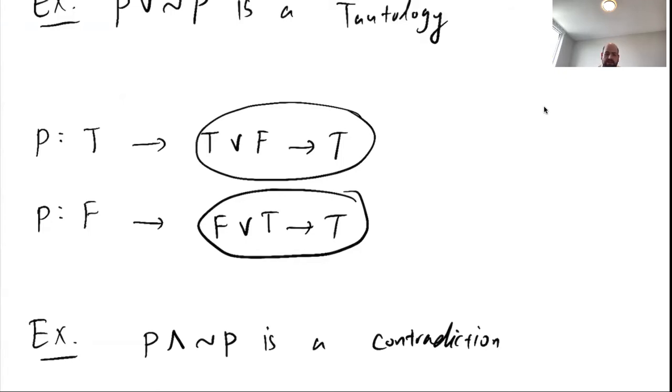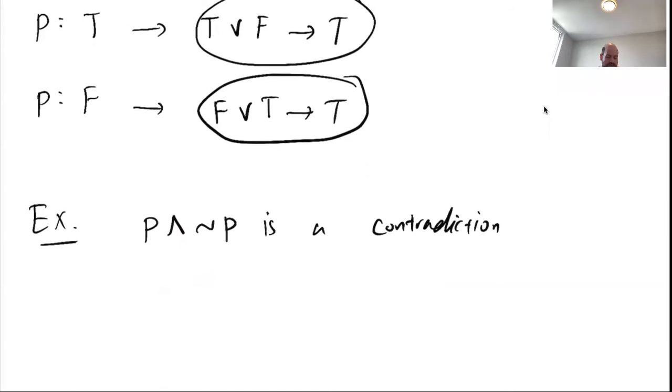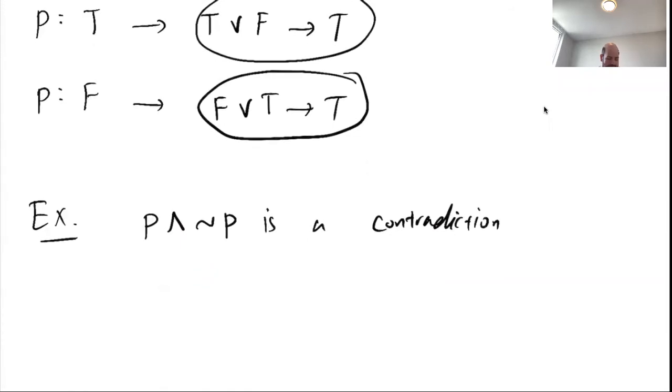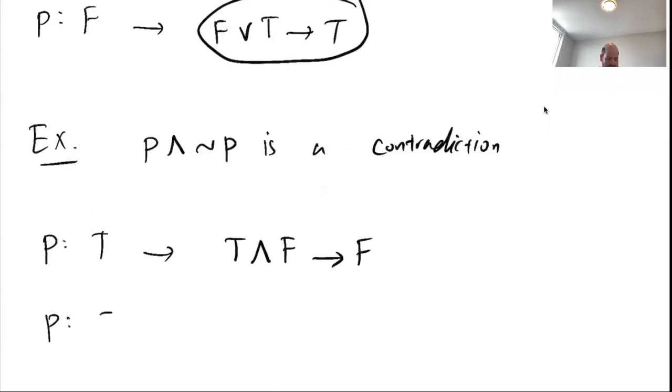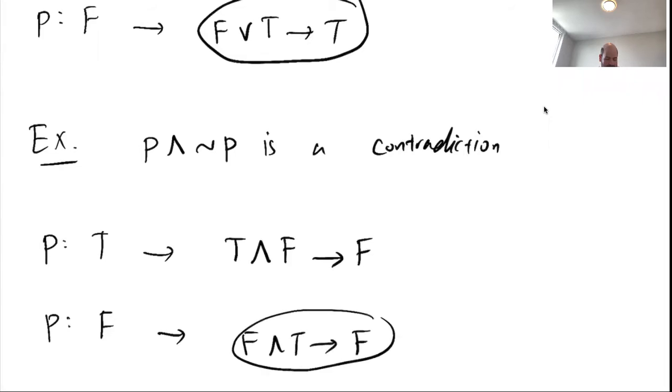So if P is true, then we would have true conjunction false, which will be false. And if P is false, then we would have false conjunction true, which will also be false.